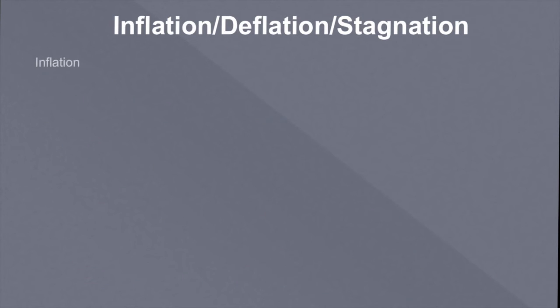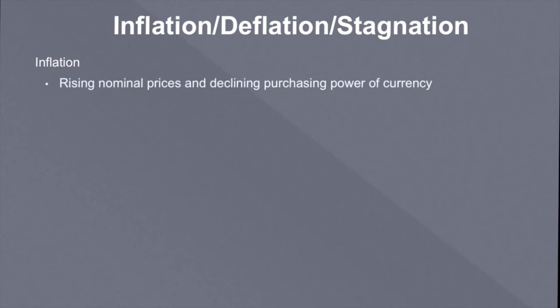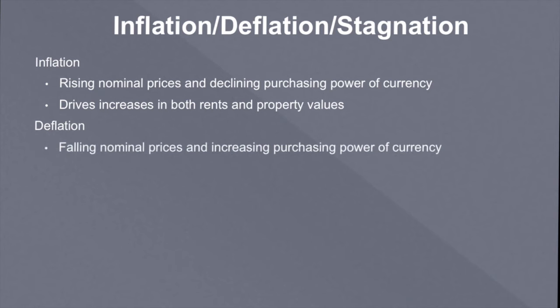Okay, what about the 3 basic economic maladies: inflation, deflation, and stagnation? Well, if prices go up, the purchasing power is declining. If this drives increases in rents and property values, this is going to be a good thing. We like inflation as real estate investors. Deflation, not so much, because we have falling prices and increasing purchasing power of the currency.